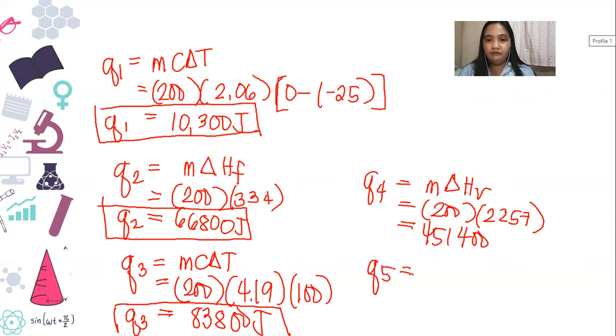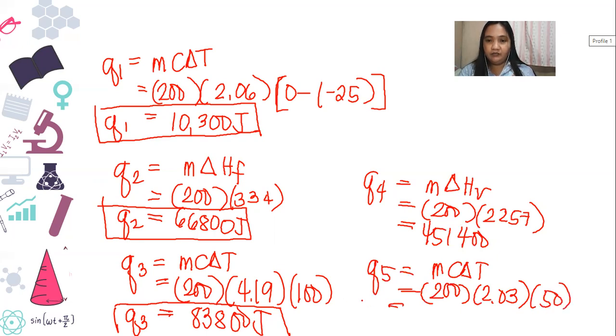And finally, Q5. Q5 is a change in temperature. That's MC delta T. So 200 times the specific heat of steam, which is 2.03, and then it's 150 minus 100, that's 50.